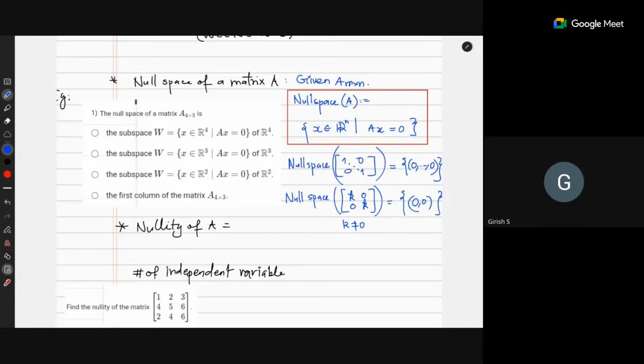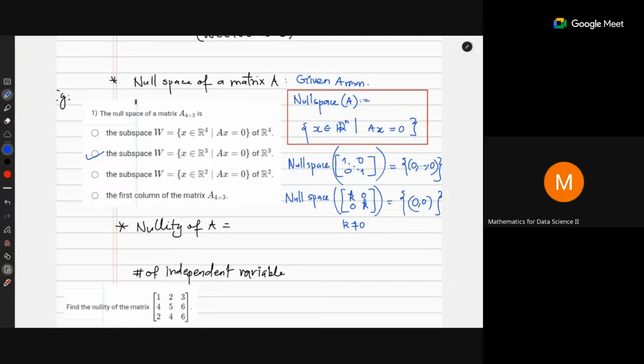It will be the second one, because its order will be 3, right? R3. This matrix will be applied on vectors that sit inside R3. So option 2 will be correct.